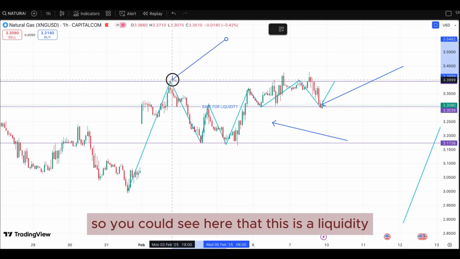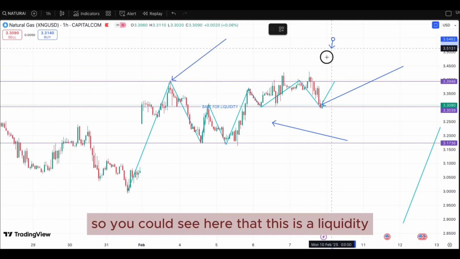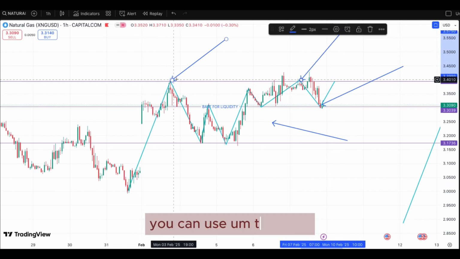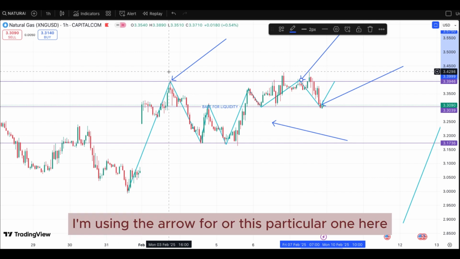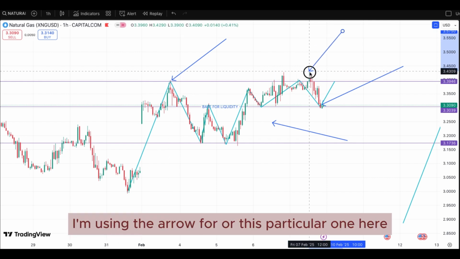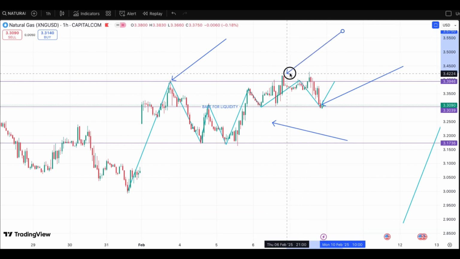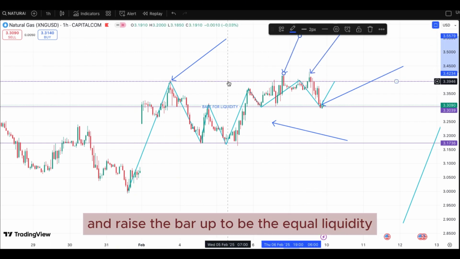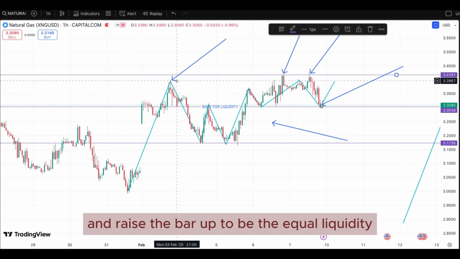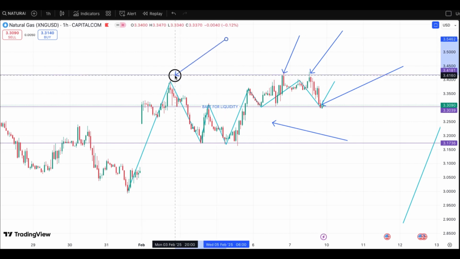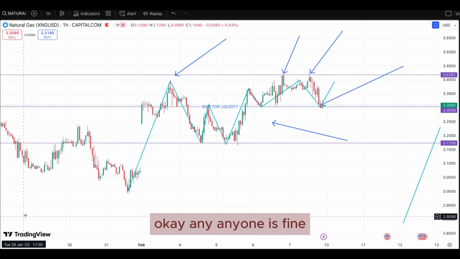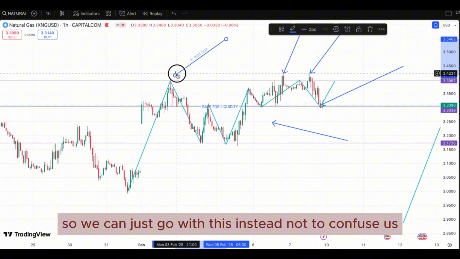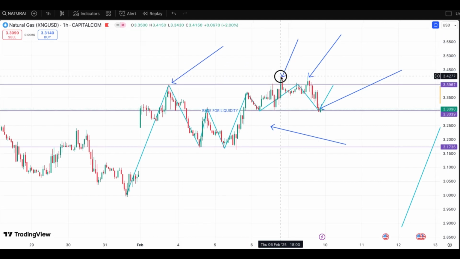You can see here that this is the liquidity and the equal high liquidity. You can use the one I'm using the arrow for, or this particular one here, these two. You can use this and this and raise the bar up to be the equal liquidity. Anyone is fine, but we have multiple rejections here, so we can just go with this instead, so as not to confuse us.